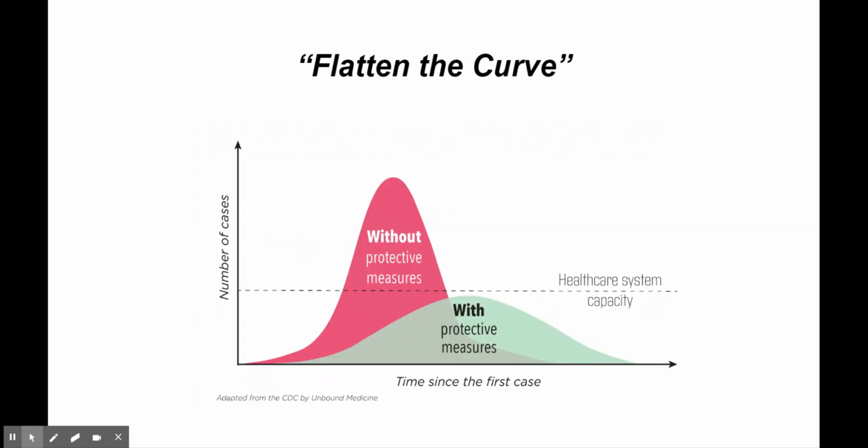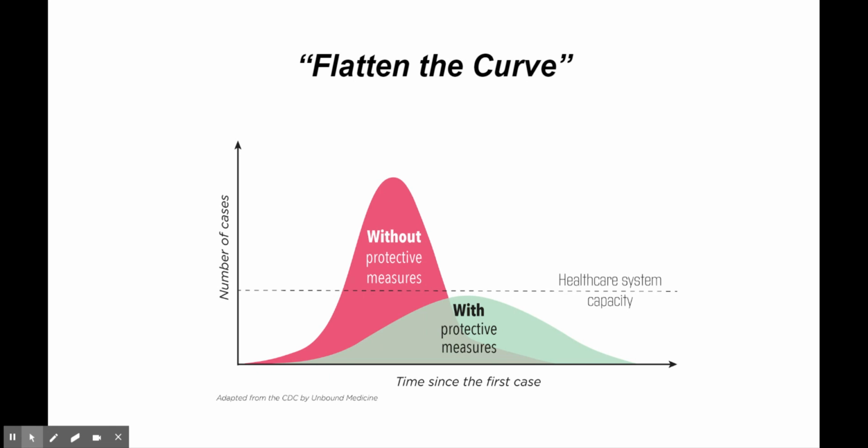So here's a real graph from the CDC. The x-axis, the one going across the screen on the bottom, time since the first case, is time. So you start from the beginning of the outbreak and onward. The y-axis, the up and down, is just the number of cases. So these are epidemic curves.